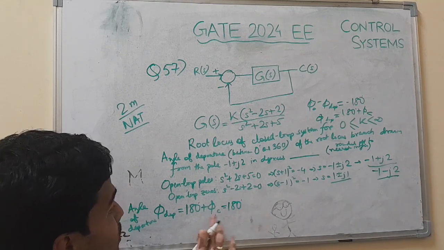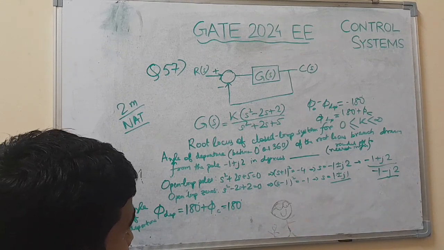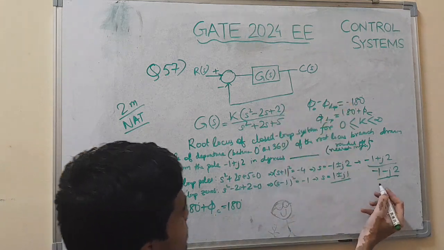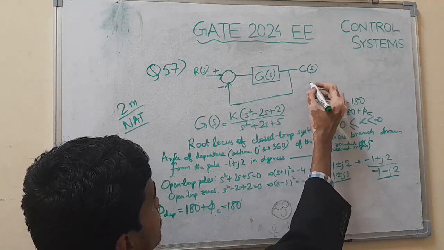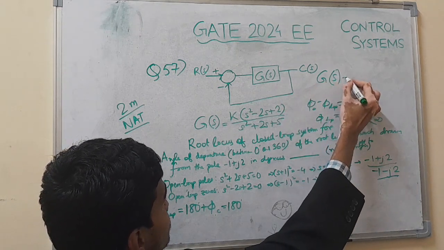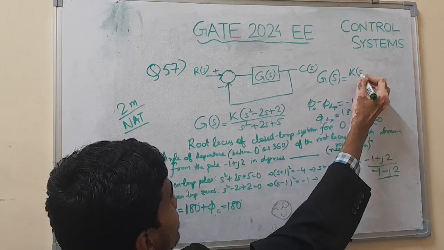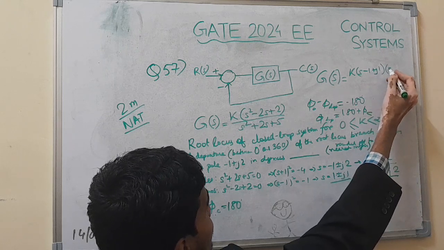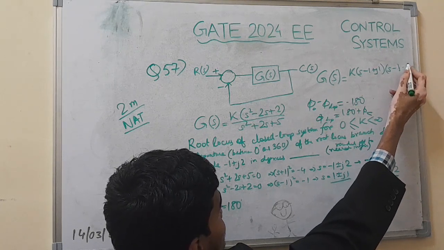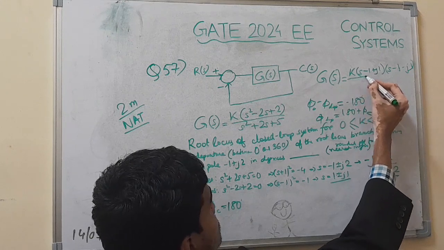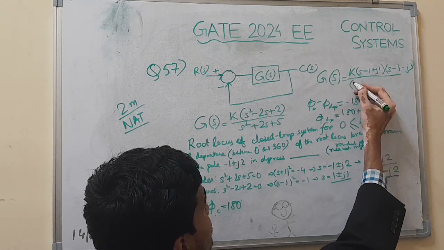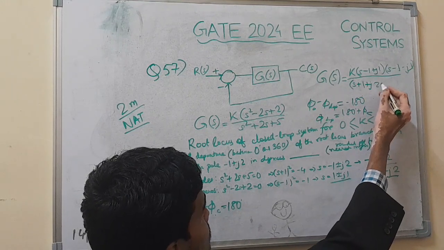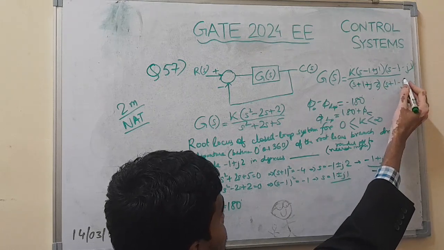So let us calculate one by one. The angular contribution from this pole will be what? We can write this G(s) in factor form as K times (s minus 1 plus j)(s minus 1 minus j) divided by (s plus 1 plus j2)(s plus 1 minus j2).